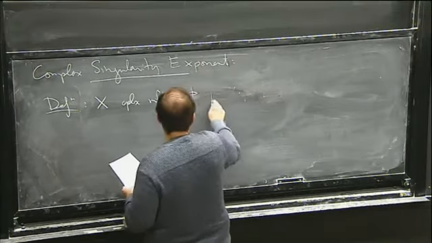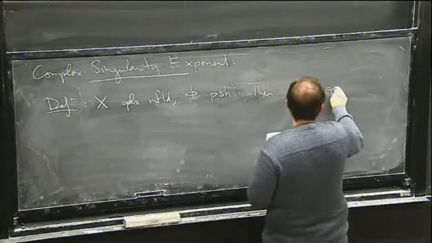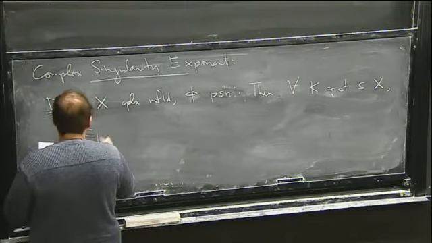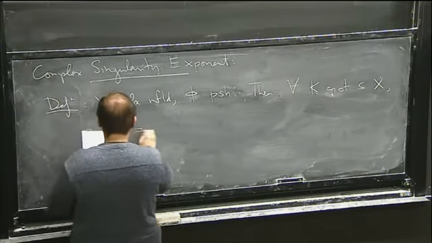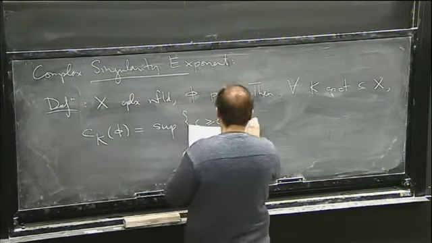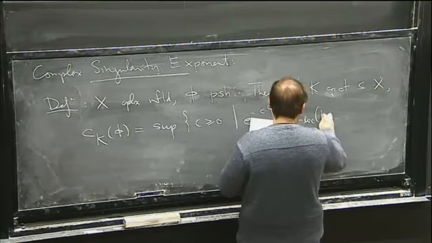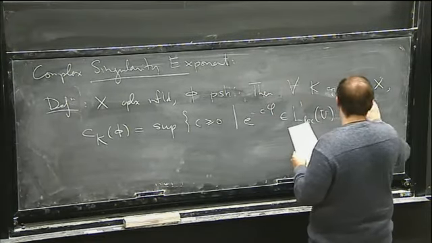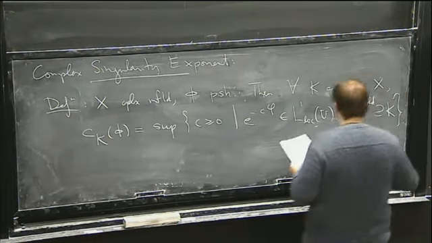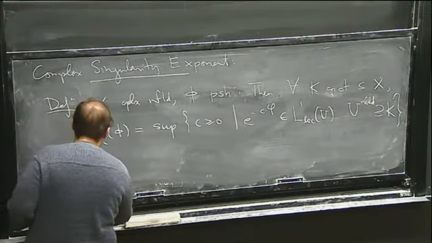Then, for any compact subset of X, we define c_K of phi to be the sup of all the numbers c greater than or equal to 0, such that e to the minus c phi is in L1 loc of U, where U is a neighborhood containing K. The case we've been looking at here has been just the case of a point.